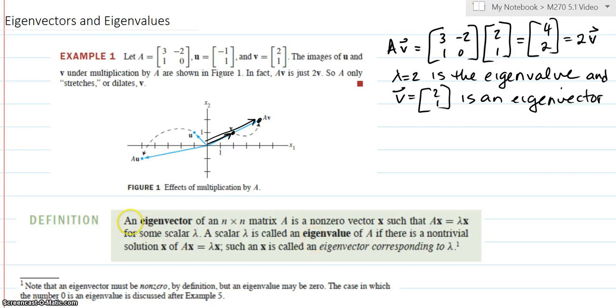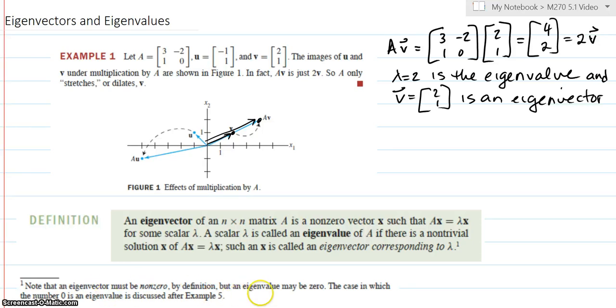So let's read the definition. An eigenvector of an n by n matrix A is a non-zero vector x such that Ax equals lambda x for some scalar lambda, which is exactly what we had here. And lambda is called the eigenvalue. By the way, x cannot be 0. x has to be a non-trivial solution of this equation, and they have a little note here about that.